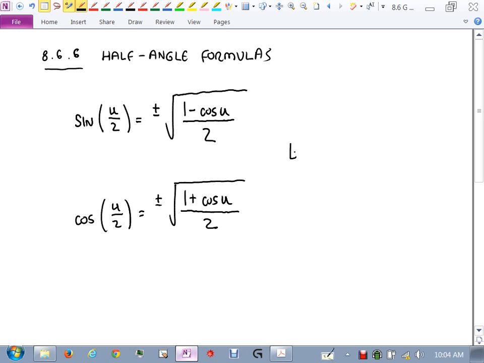And tangent of u over 2, so put these on maybe the back of your formula sheet, plus or minus square root of (1 minus cosine u) over (1 plus cosine u).